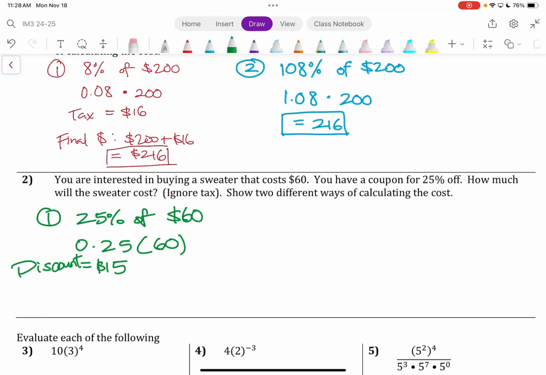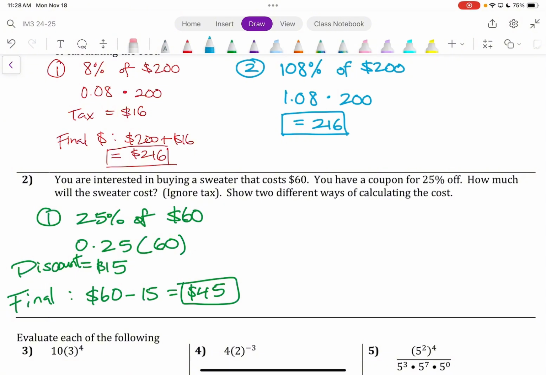We would then find the final amount by subtracting 15 from the original 60, which is going to give you 45. So $45 is what you end up paying out the door. If you notice, the first step was figuring out what the discount is. The second step is subtracting that discount from the original amount.